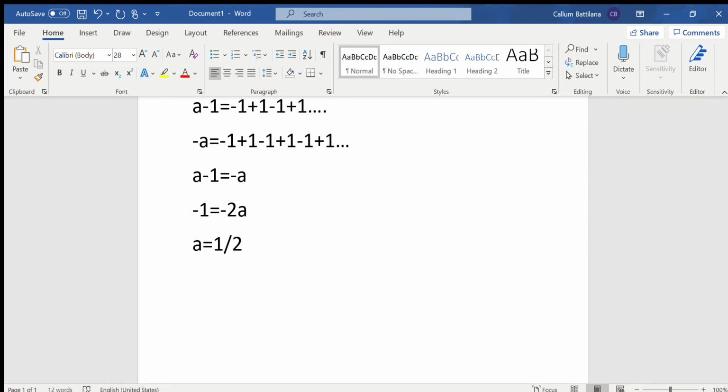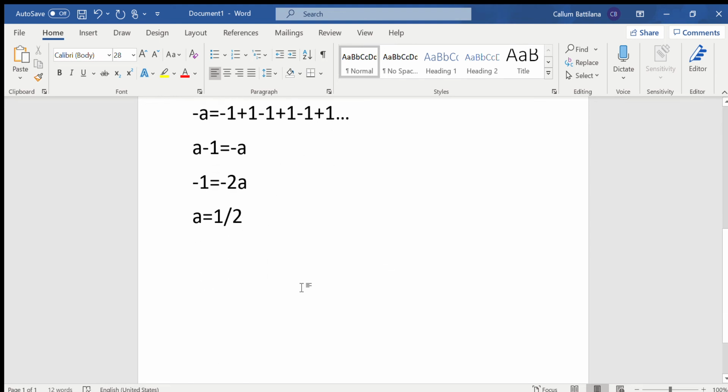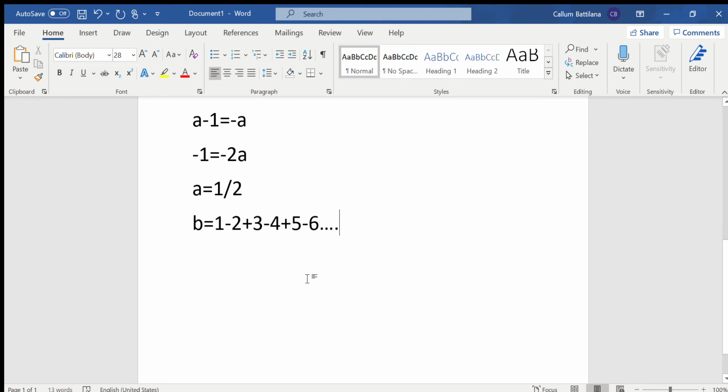Now based on this information, we're going to now look at the sum of beta. So B for beta is going to be equal to 1 minus 2 plus 3 minus 4 plus 5 minus 6, on and on and on. So how are we going to solve for beta?